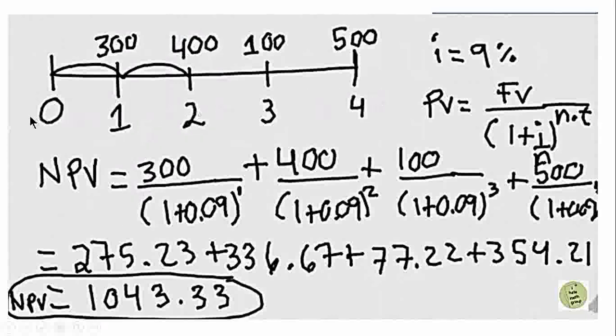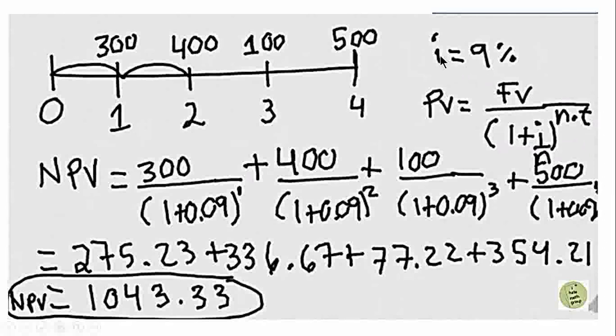To calculate the NPV of this project, we need to calculate the individual PVs, the present value, for each amount you are seeing here. Then we add all these amounts, and the answer is what we call NPV. Remember the formula: cash flow over (1 plus discount rate) to the power of time.